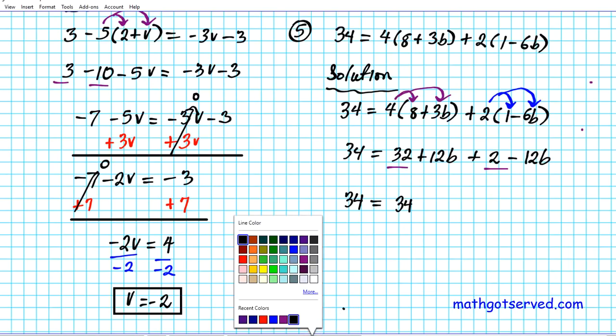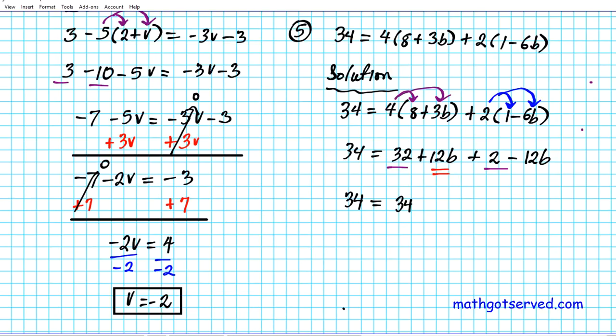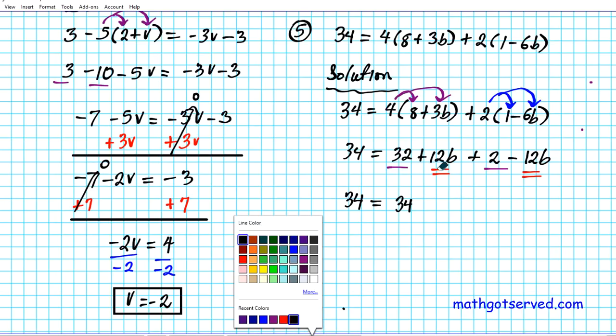Now, if you take a look at the variable terms, they are like terms too. So 12b and negative 12b are like terms, identical variables with the same degree.